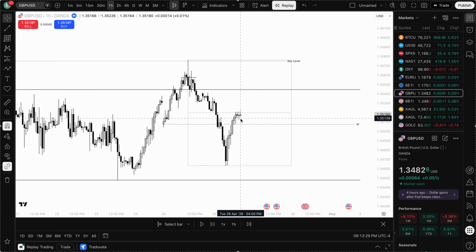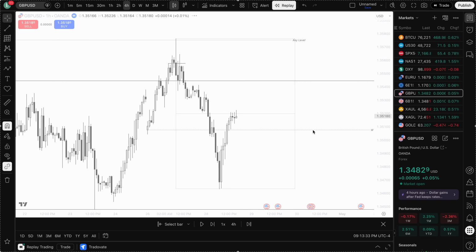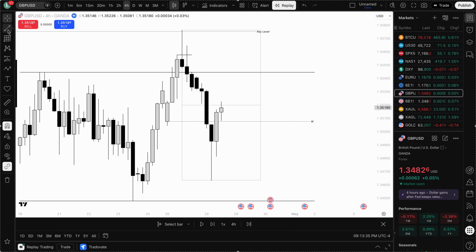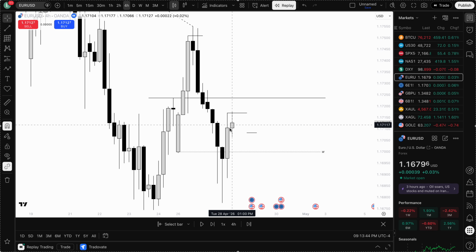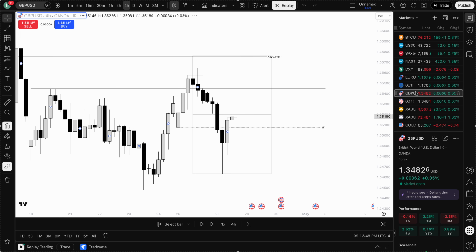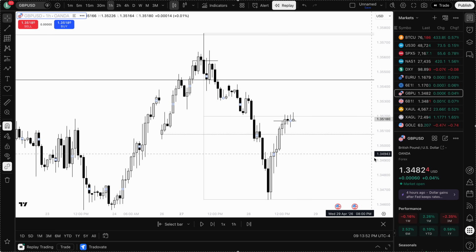My entry was at 4 o'clock, which is kind of a strange time. But if you look at the 4 hour, this was the candle that I was using. EU is a little bit clearer, but for the sake of just understanding what's going on here, this is what's going to happen, right?